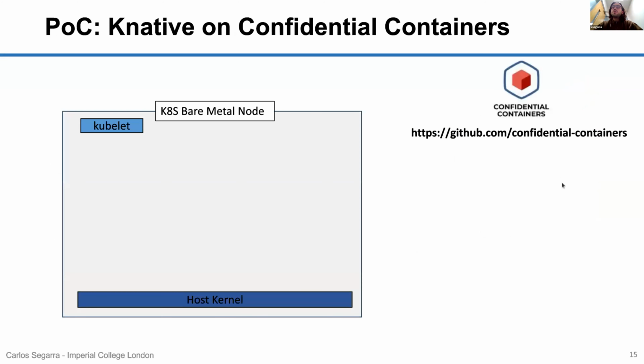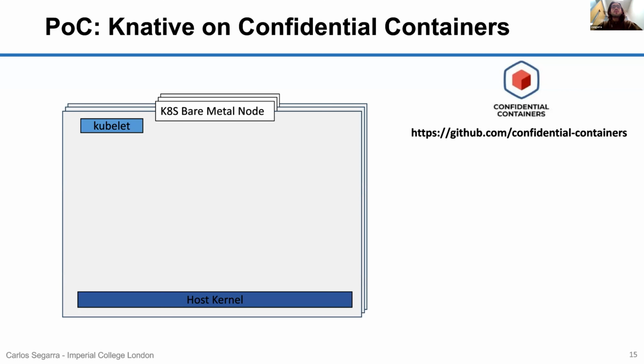The proof of concept that we generated during the secondment was a port of the Knative serverless runtime running on top of confidential containers, an isolation mechanism that allows the creation of container-looking virtual machines with runtime memory encryption.